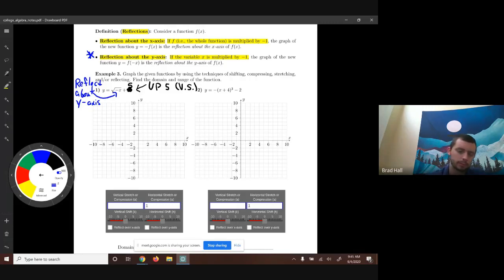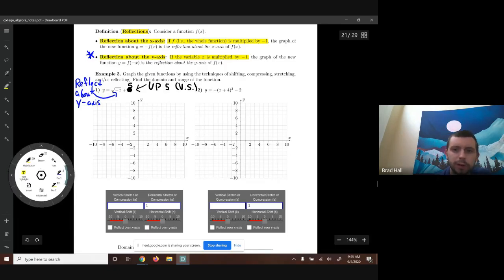So the good news is, you have to choose the correct shape before the table even comes up. And this is a square root function because, of course, there's a square root. So we know that the shape is going to, in general, be this arc.